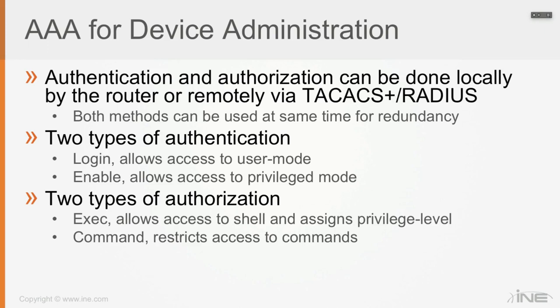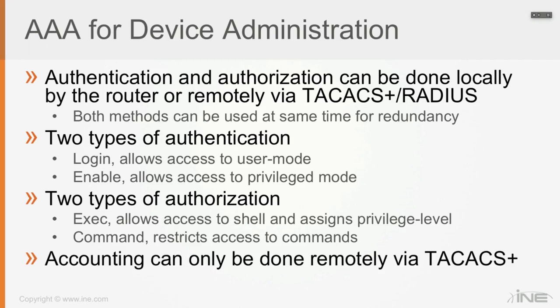So via exec authorization, we're gonna receive shell access, and we're gonna get assigned a privilege level from the TACACS or RADIUS server. And also it can perform command authorization, which means once we are on the router and we have access to pretty much all commands, which of those commands can a user actually use to configure that device?